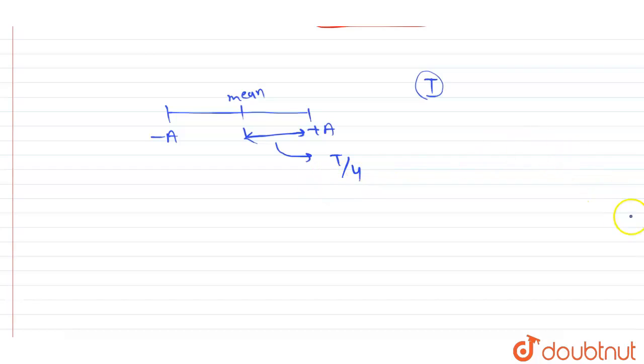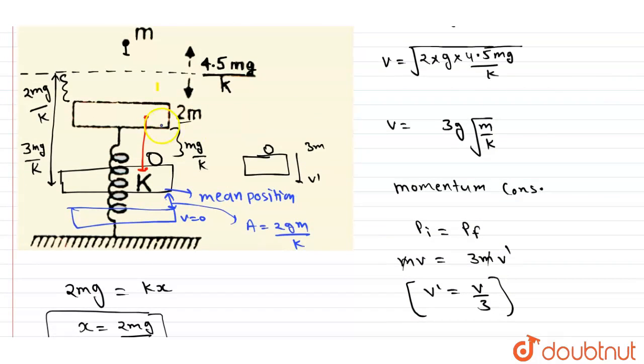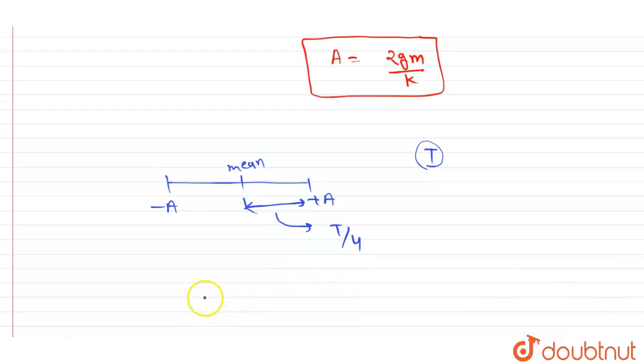Now the other distance which is given to us, from this position to this position, is mg by k, or you can write this as A by 2, as we know that A is 2mg by k, so it is equivalent to A by 2. So for the amplitude A, the particle takes T by 4 time.